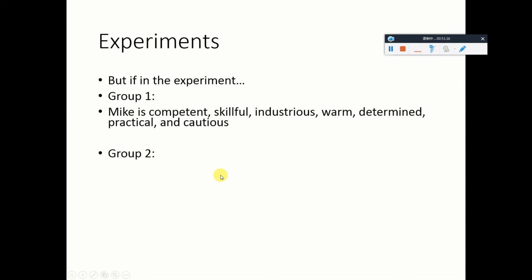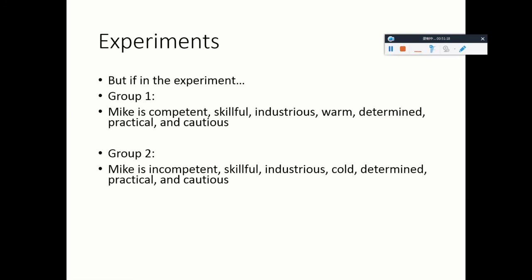And to the second group of participants, I describe Mike as incompetent, skillful, industrious, cold, determined, practical, and cautious. What is the problem? The problem, of course, you might have already guessed, is that the manipulation is not clean.